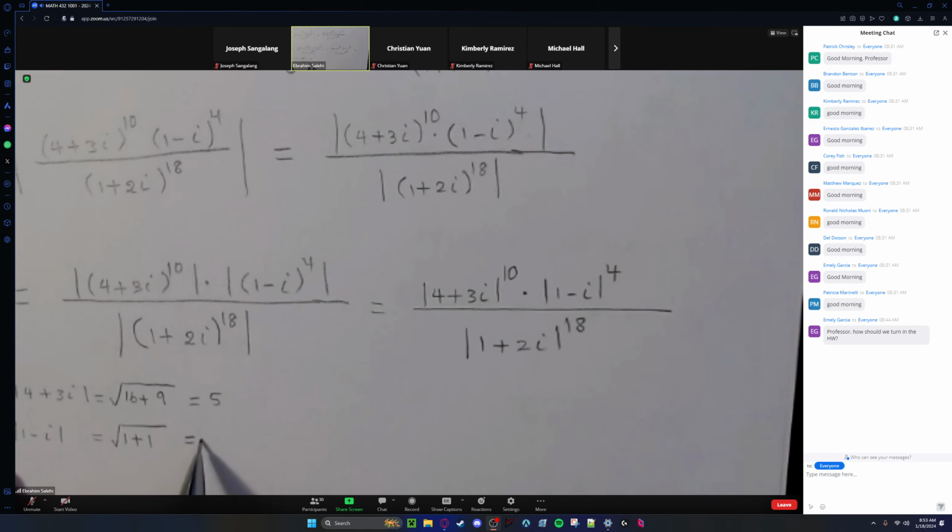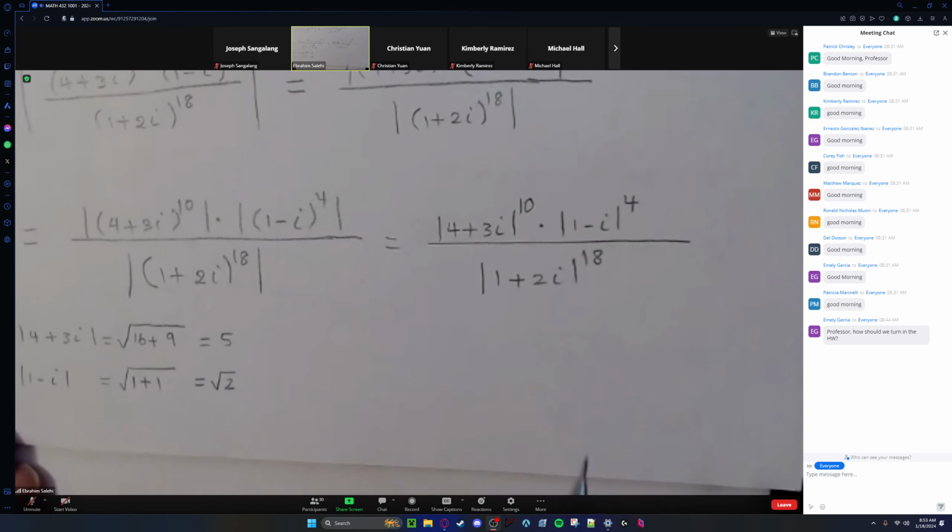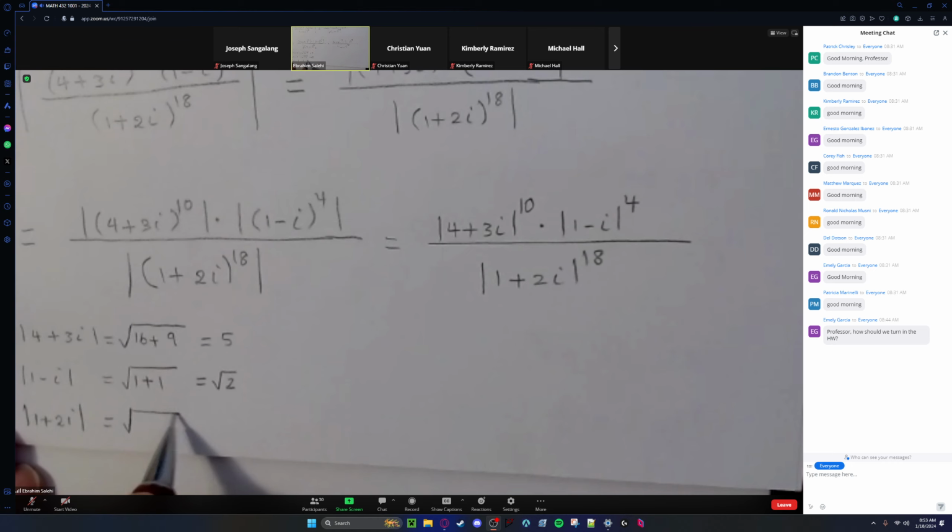So it is the square root of 2. Finally, for the denominator, what is the modulus of 1 plus 2i? It's the square root of 1 plus 4, which is the square root of 5.